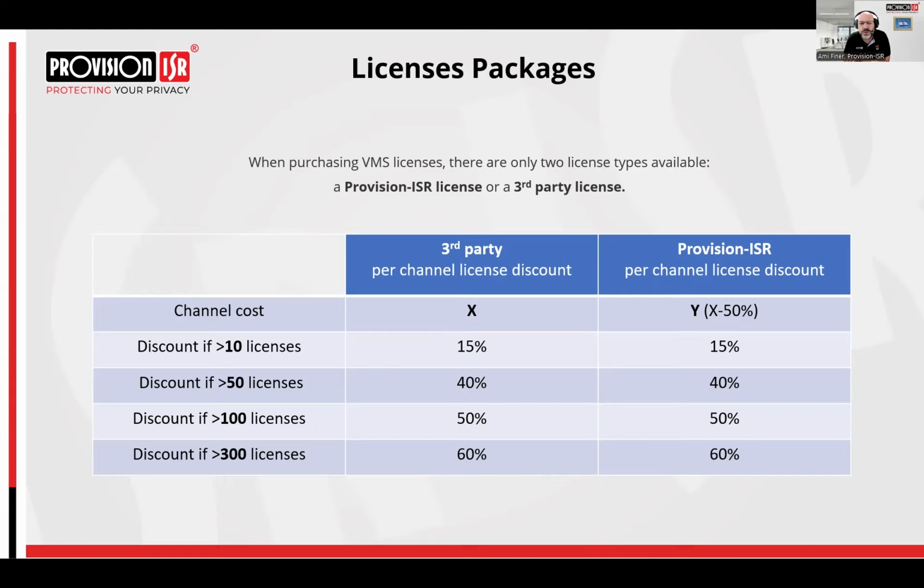But when you need to order 100 licenses, you already have a 50% discount on the cost of the channel, whether it's a third-party or a Provision-ISR channel. I hope it's clear. When it comes to prices themselves, you have it in our price list. You can contact us and we will provide it to you, but you will get it also in your next price list. So stay tuned. Go ahead, Dylan.